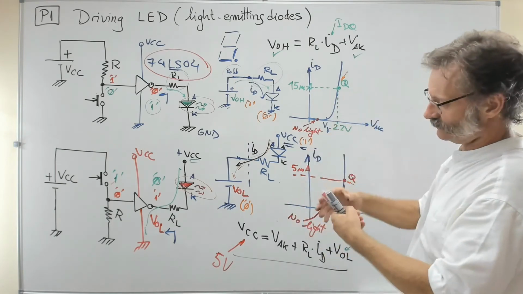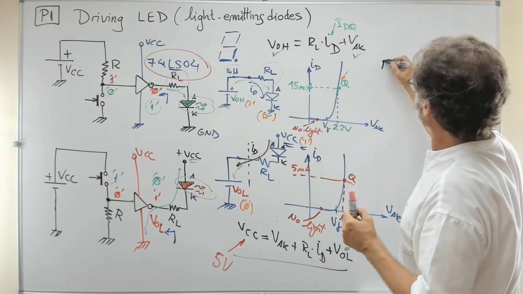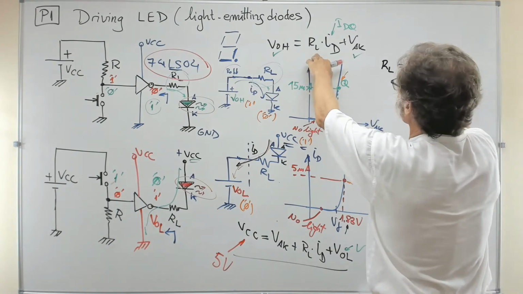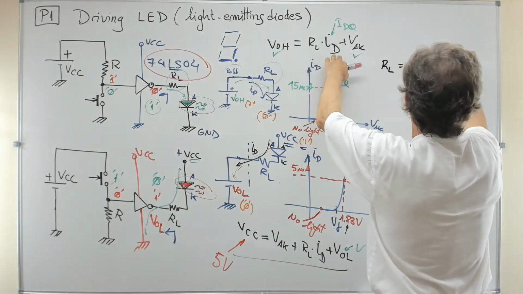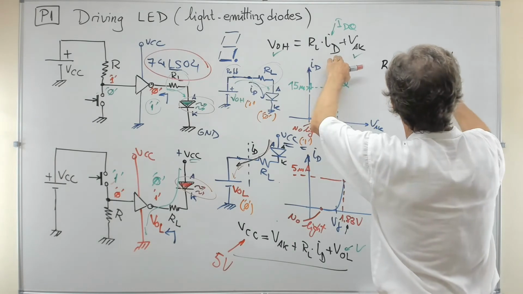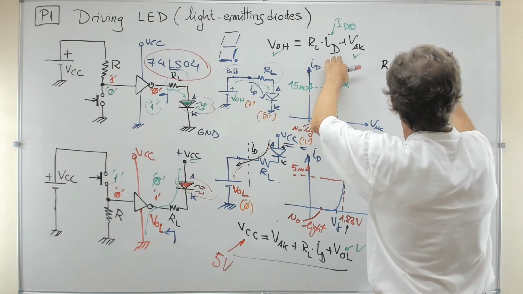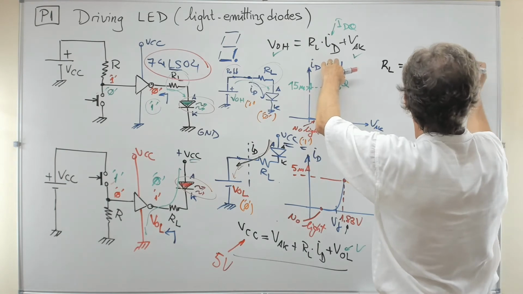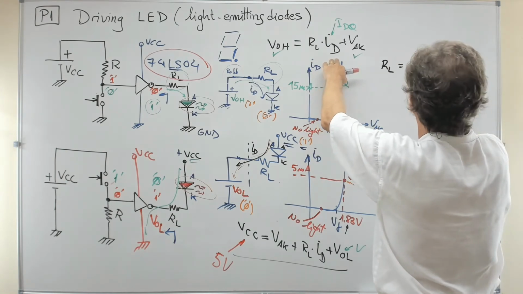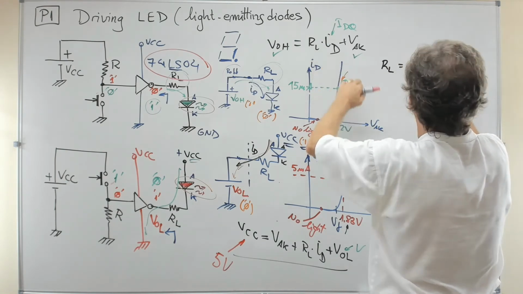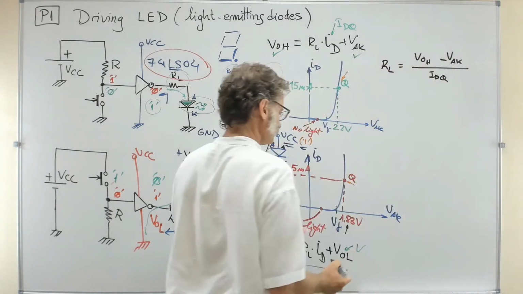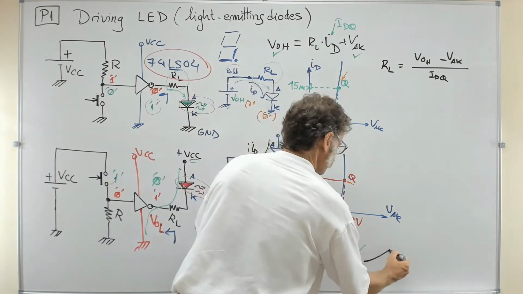So this is RL, which is VOH minus the voltage anode to cathode, divided by the current in the diode, okay? That's it. And down there, the other equation is something similar.